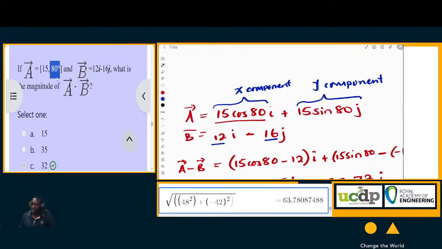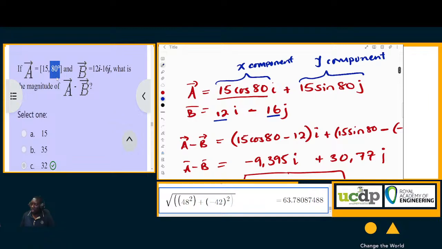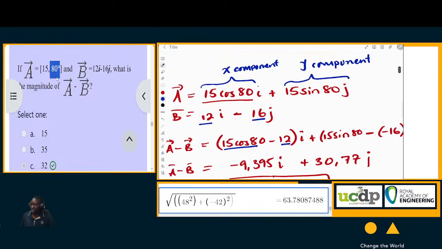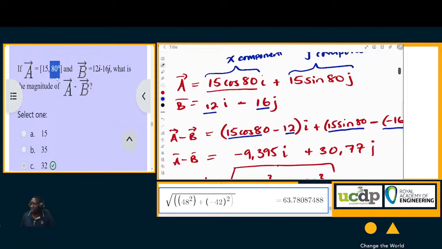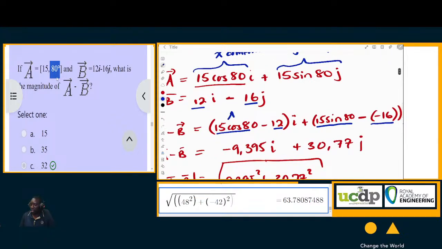Now when we subtract the two, we take the x components together. X component for vector A minus x component for vector B, which is 15 cos 80 minus 12 in the i. And for the y components, we do the same. 15 sine 80 minus the minus 16, which is the y component in the B. So it's A x minus B x and A y minus B y.